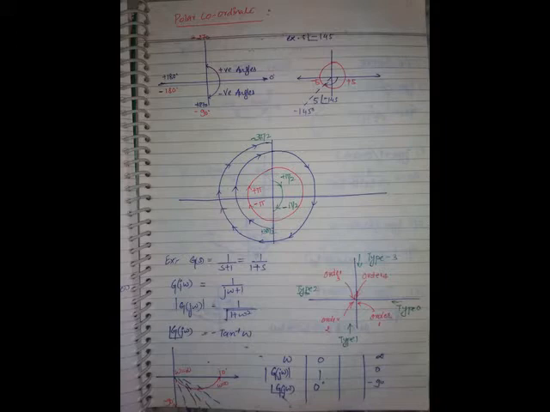This angle will be plus 90, this angle will be plus 180, plus 270, plus 360 or 0. This angle will be minus 90, minus 180, minus 270, minus 360 or 0.